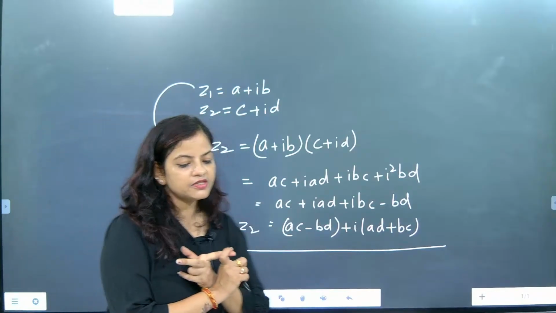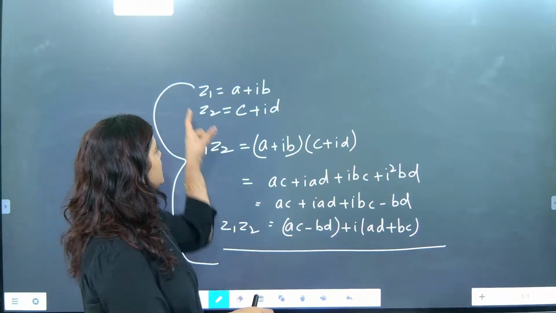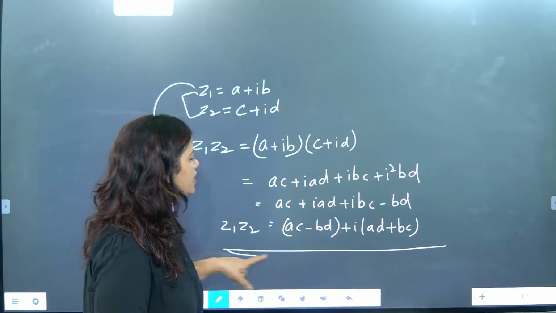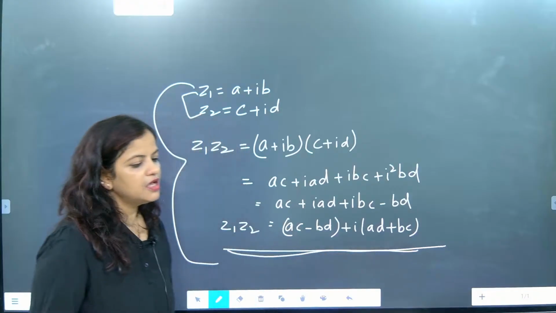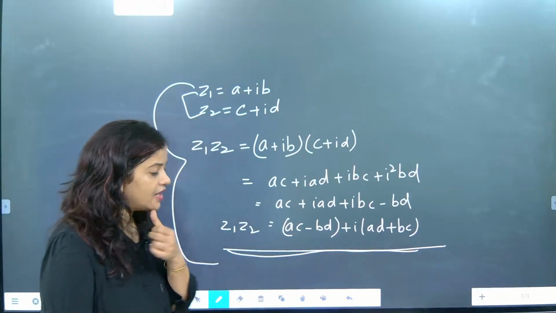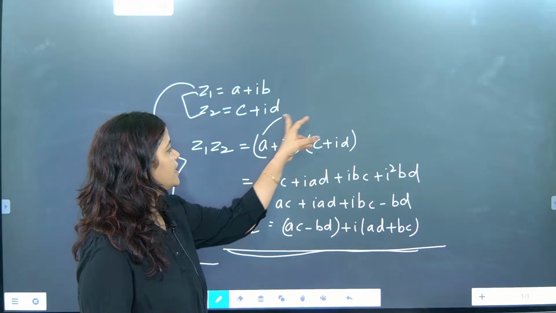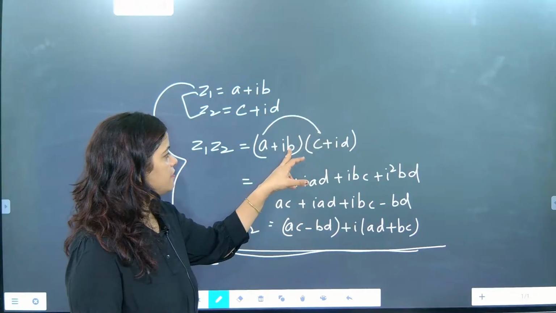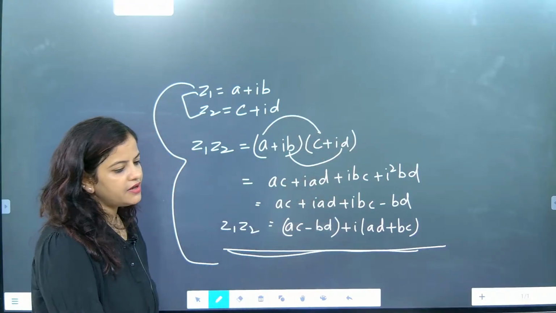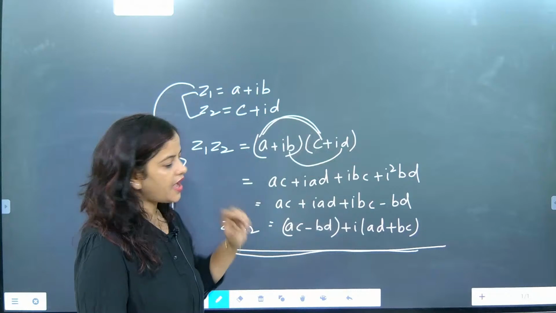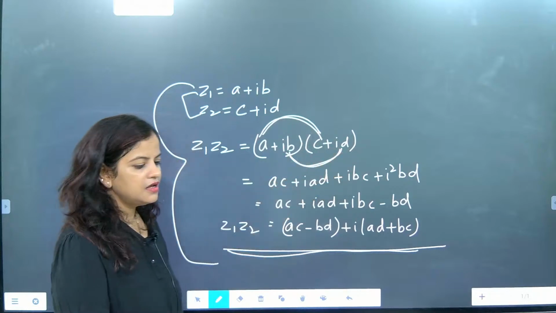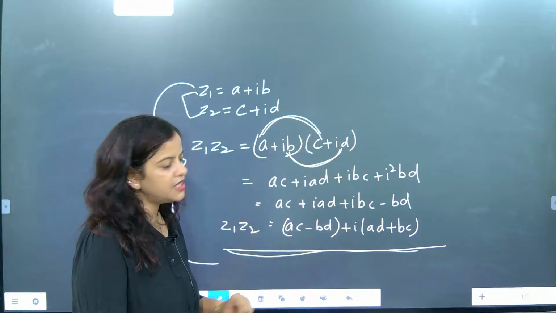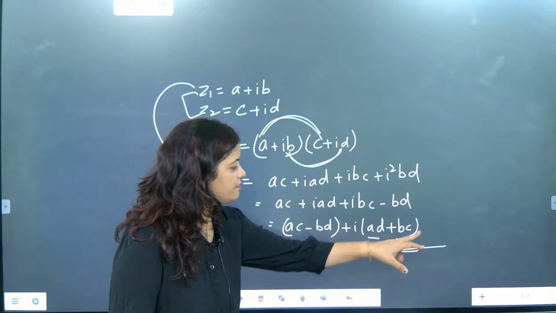So when two complex numbers Z1 and Z2 are multiplied, we write the multiplication like this. If you have practice, you can do it directly. AC and BD, directly we can write AC and BD, done. So AC minus BD and then AD plus BC.